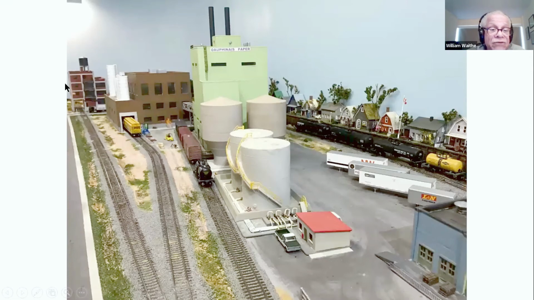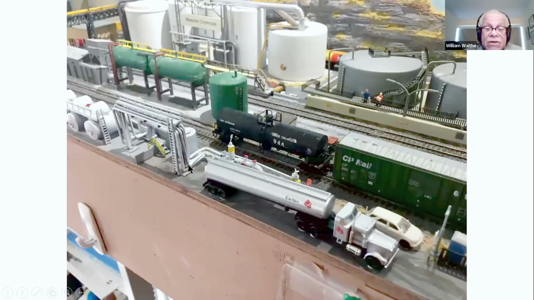This is the paper manufacturing plant, these 3 buildings. Again, they use recycled paper and produce various types of paper products. And again, the background is part of the Weston Sub. From there, we go to a petrochemical plant.